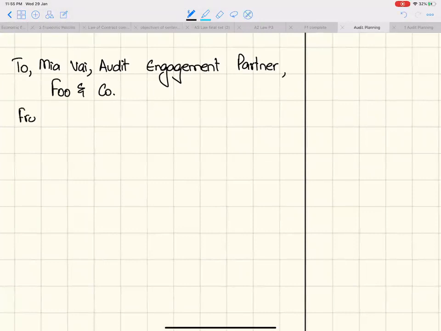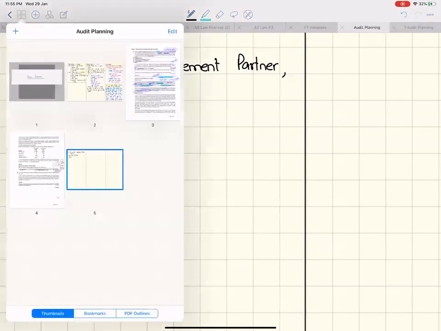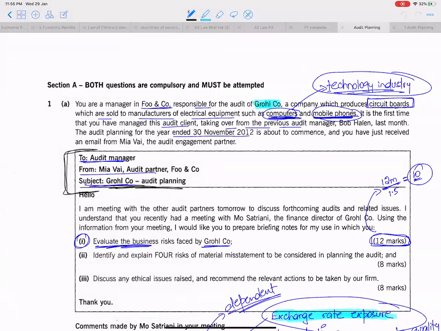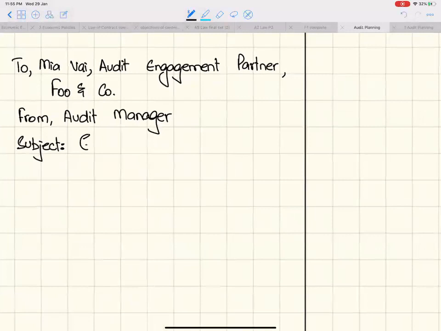And from is the audit manager. Just substitute the to and from used by the examiner. Subject will be the same as given in the question. Grohol Company audit planning.